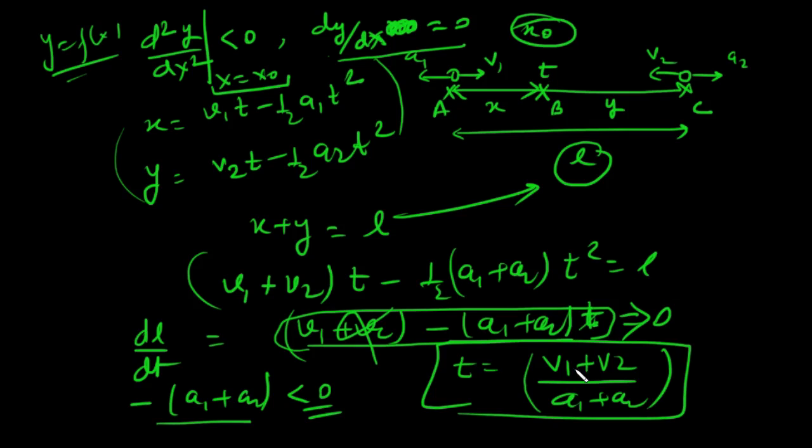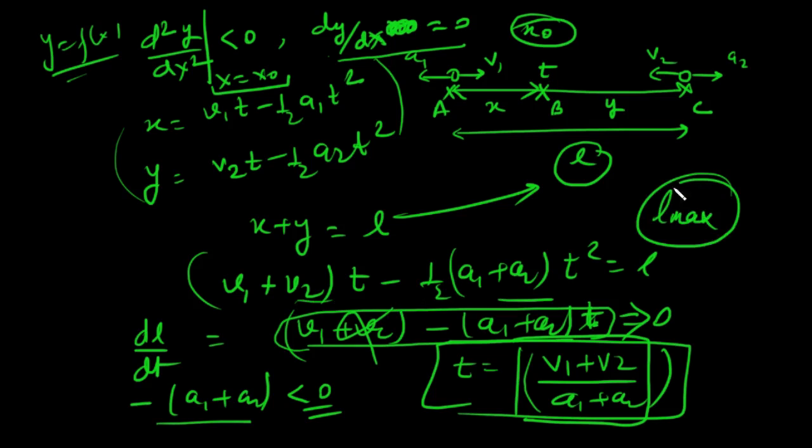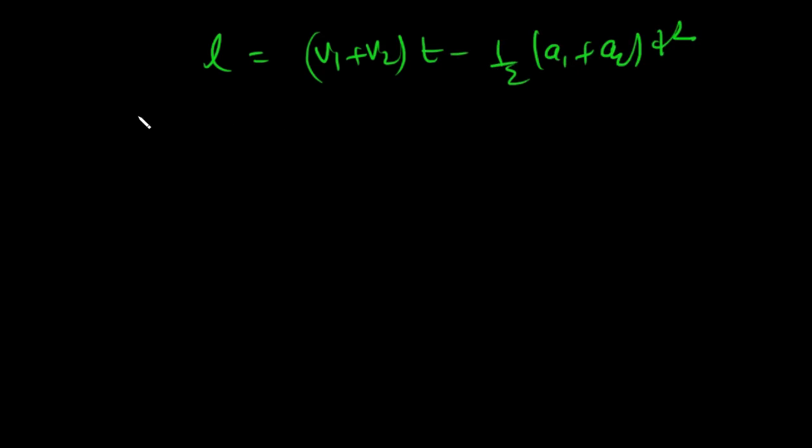This means at this value of t, (v1 plus v2) upon (a1 plus a2), if we put in this expression for L, then we get the maximum value of L. So just we have to put this value. What was L? L was (v1 plus v2) t minus half (a1 plus a2) t square. We just put the value t equal to (v1 plus v2) upon (a1 plus a2).